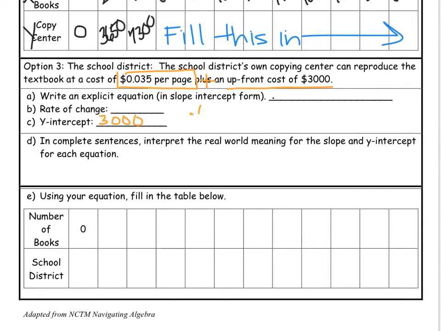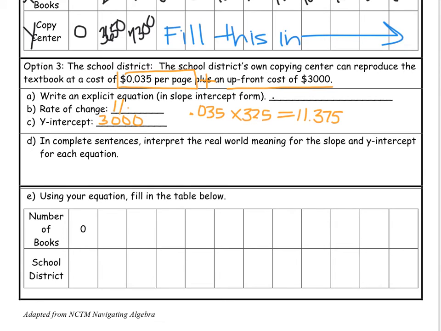And keep in mind, this is a 325 page book. So just to print one book, the cost per book is $11.375, and that is going to be our slope.